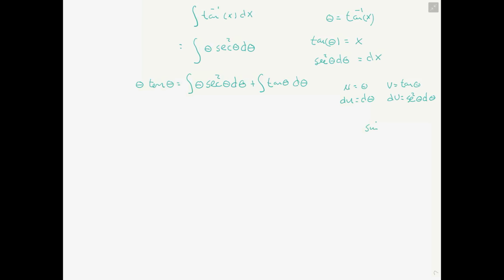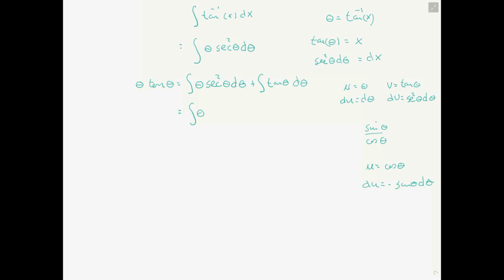And tangent theta is sine theta over cosine theta. And if we say u equals cosine theta, du equals minus sine theta d theta.